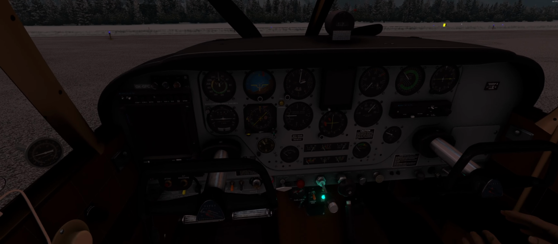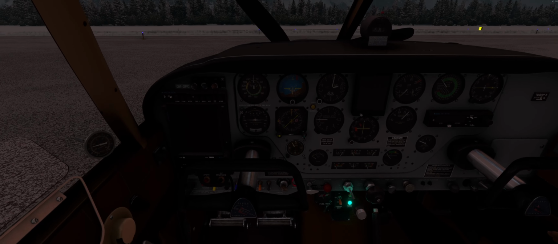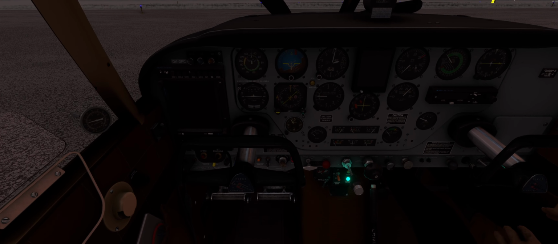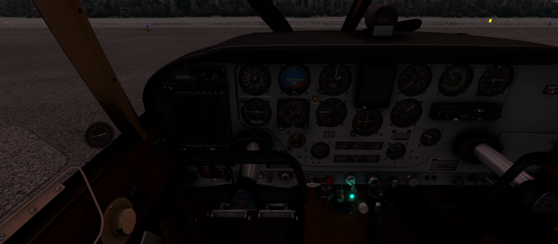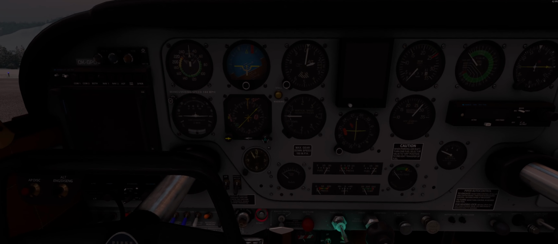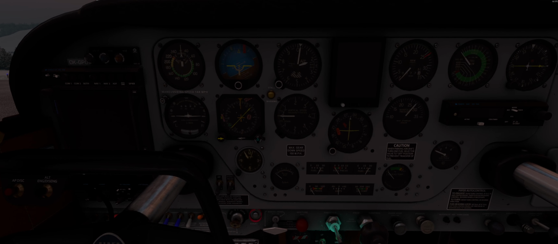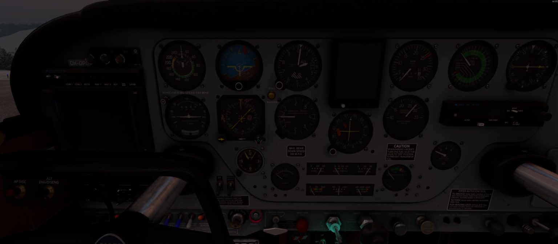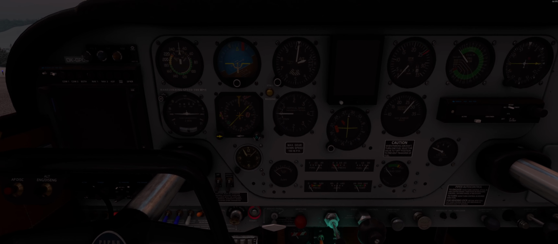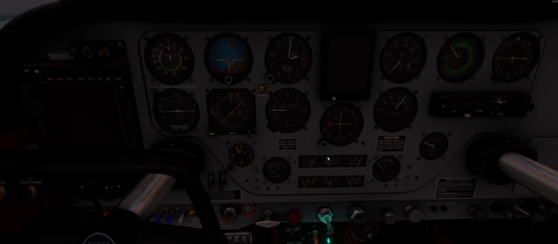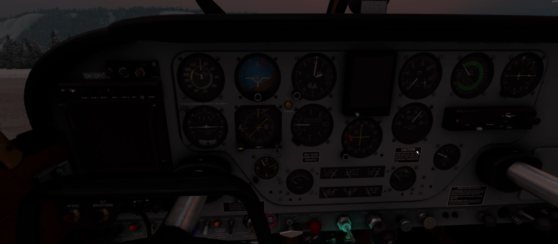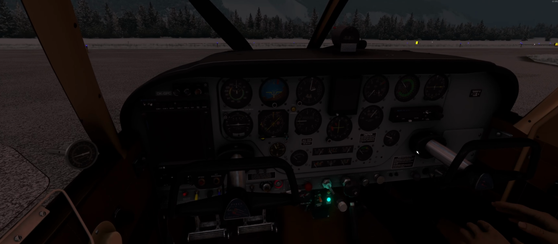Parking brake on, very good. Beacon and fuel pump. Pressurizing, very good. As you can see, we already have oil temperature in the green, which is very nice.